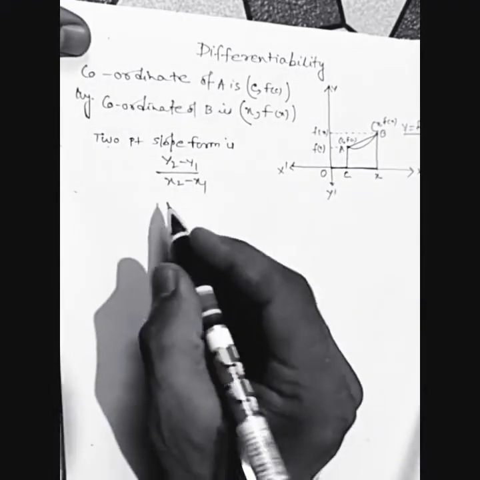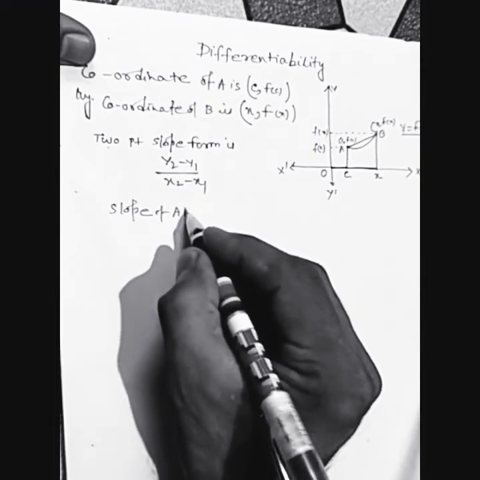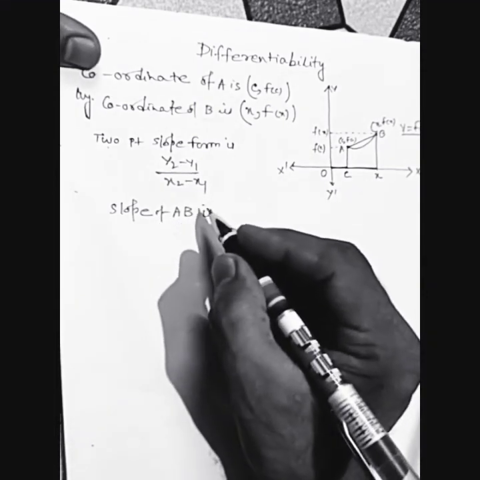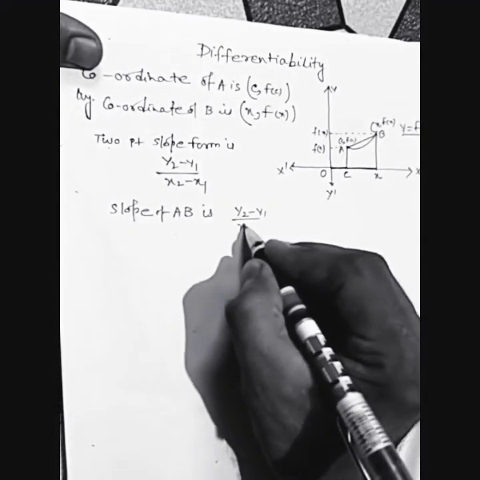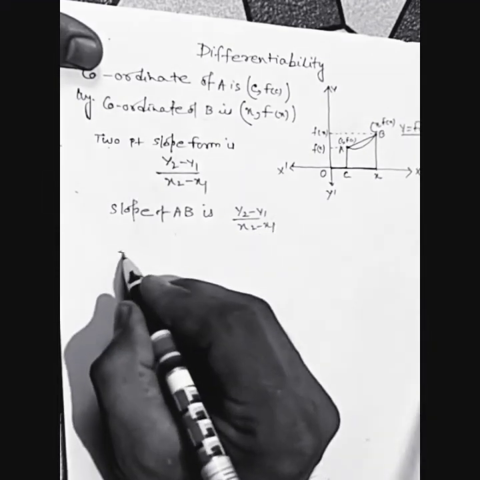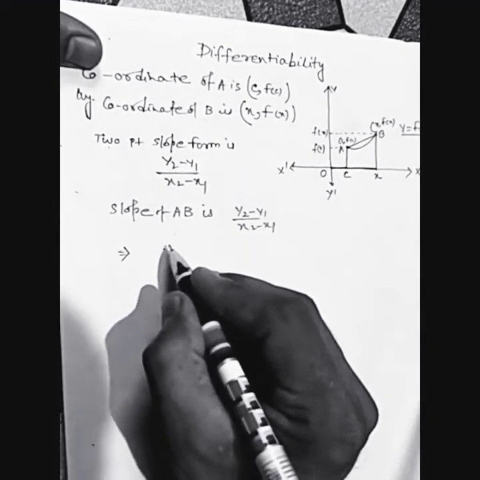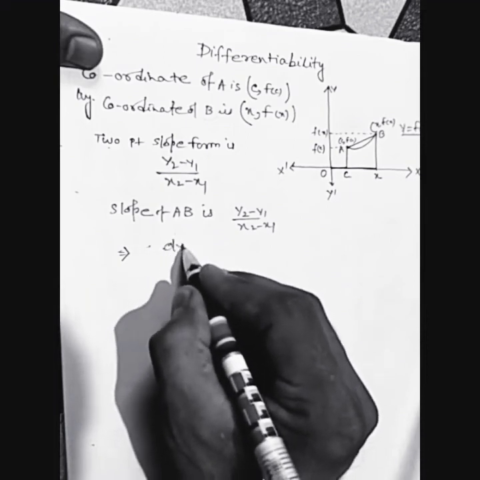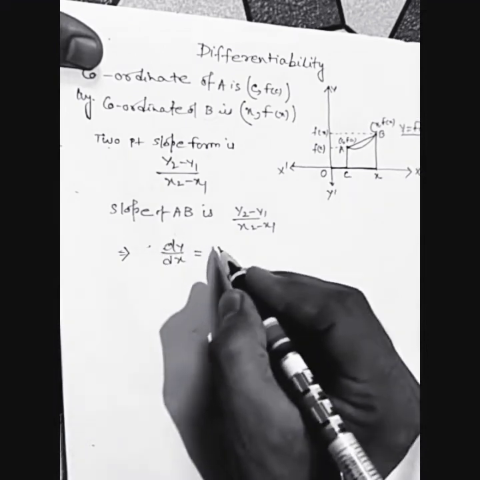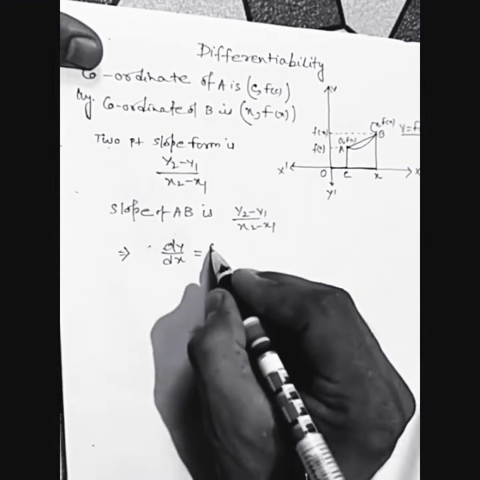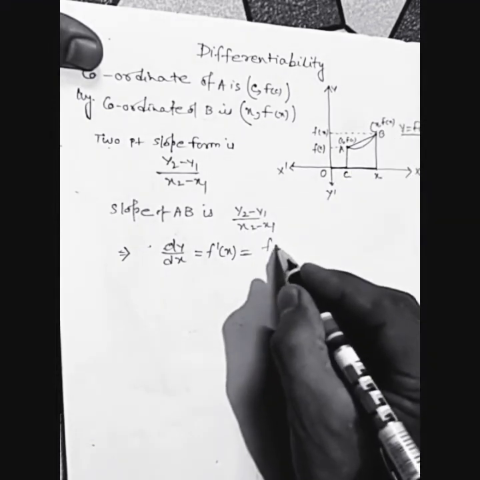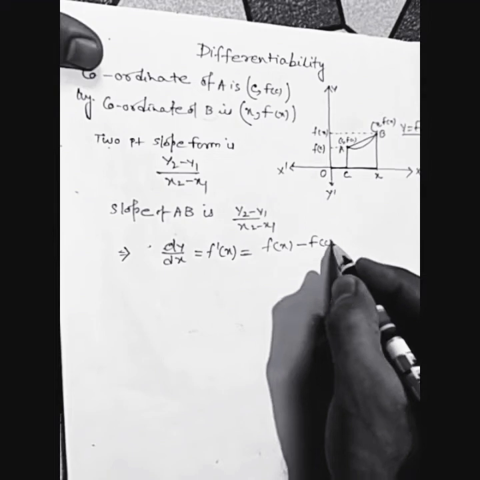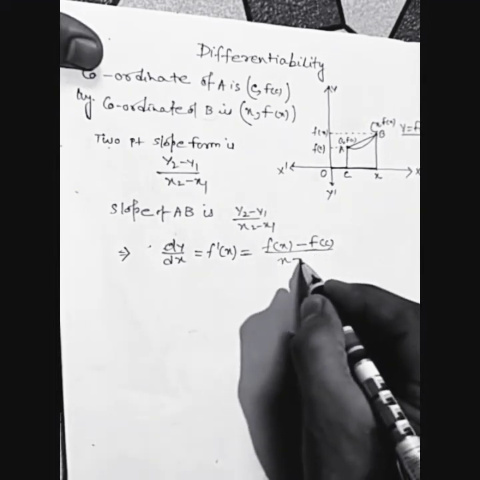So the slope of AB is y2 minus y1 divided by x2 minus x1, which is dy by dx, also written as f dash x, equal to f of x minus f of c divided by x minus c.